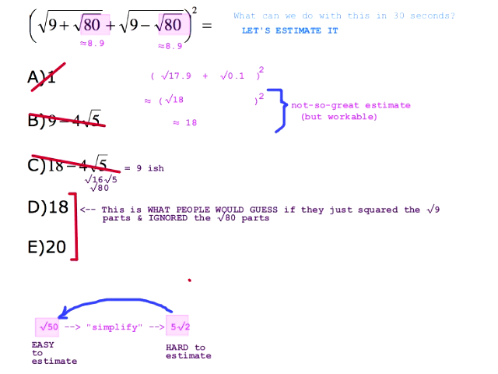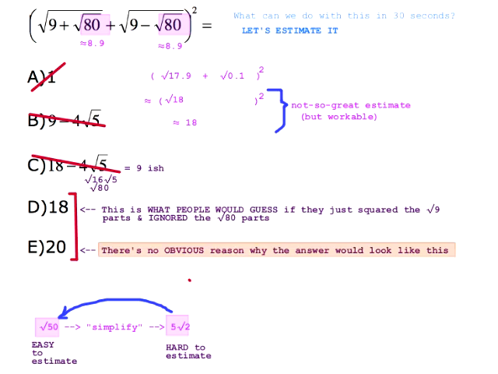On the other hand, for the 20, there is absolutely no obvious reason why the answer would look like this at all. Now, this is one of those things that some people never really think about even after months and months of studying for this. But what I wrote in front of E is actually what makes E a better guess.